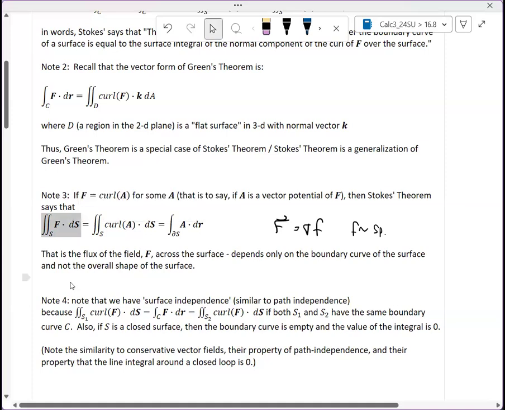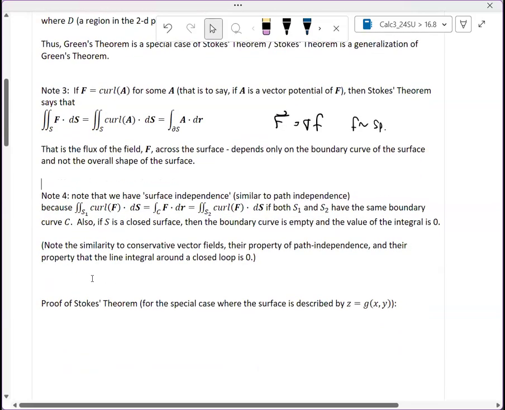So this is just the flux of the field across the surface, provided that we have a vector potential. We see that that flux across the surface depends only on the boundary curve of the surface, not actually on the overall shape of the surface.